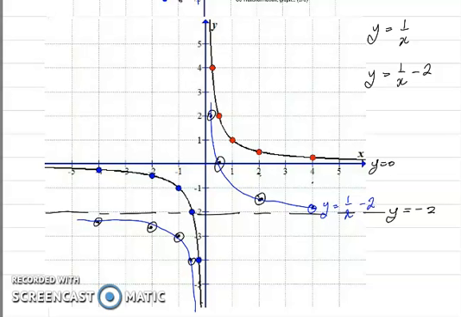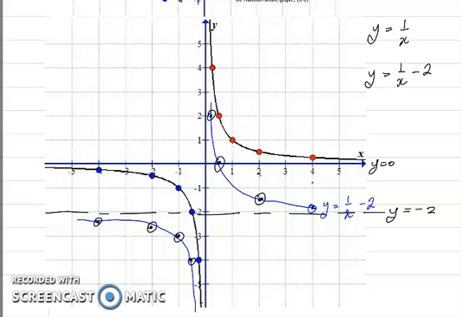So to get the graph of y is equal to 1 over x minus 2, given the graph y is equal to 1 over x, we simply take known points on the graph of y is equal to 1 over x and move them 2 units vertically downwards. And then after that, all we have to do is draw a curve through those points.